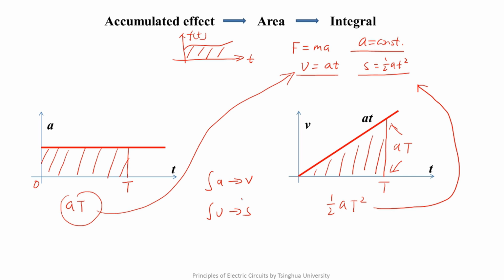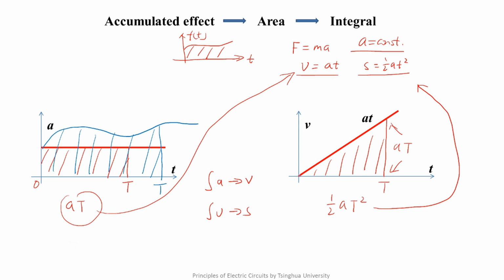We've discussed a simple condition in which the acceleration is a constant. In real conditions, the acceleration can be changeable, such as a variable. Similarly, we can still solve the dashed area for t equals capital T. The dashed area is the speed of the object at t equals capital T.